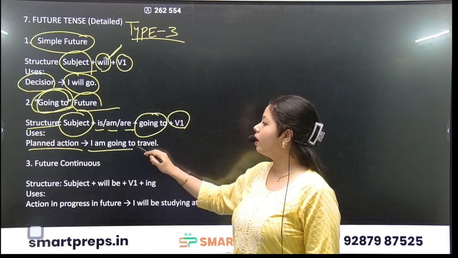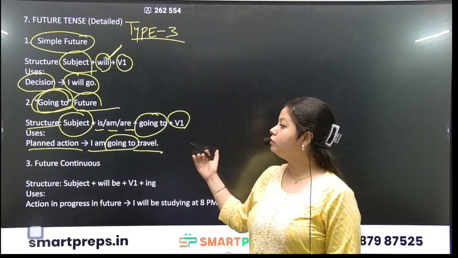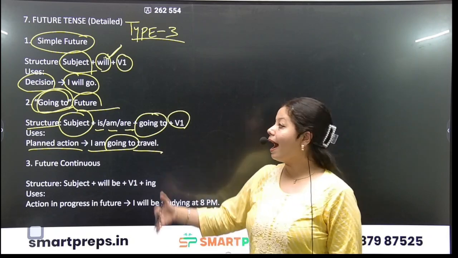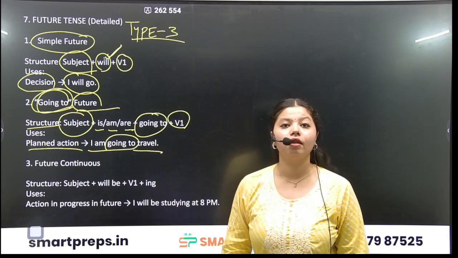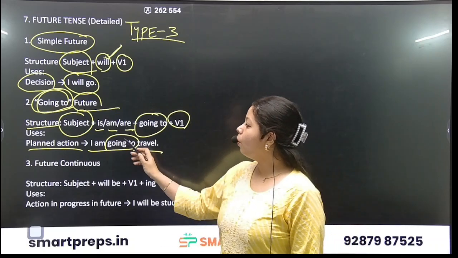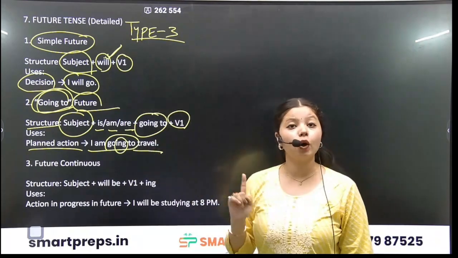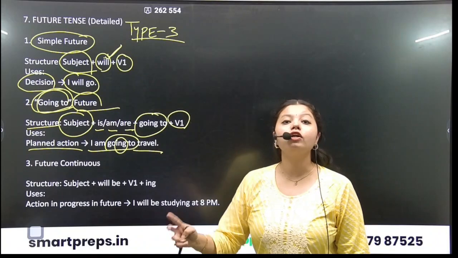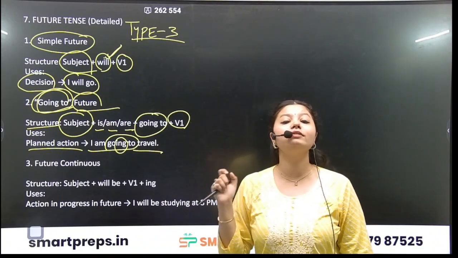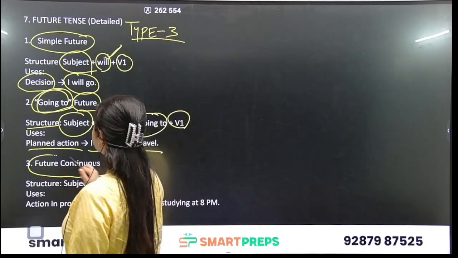I am going to travel. So I will be doing this action when? In the future. Okay, so I am going to travel. It is what? Present continuous. Since it is continuous in future, I'll be continuing to travel in future. So I'll be using what? ing.